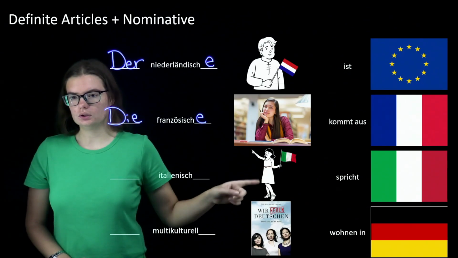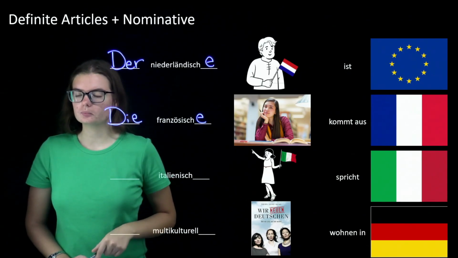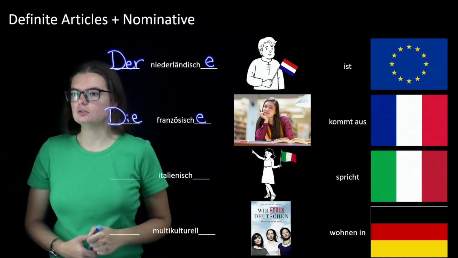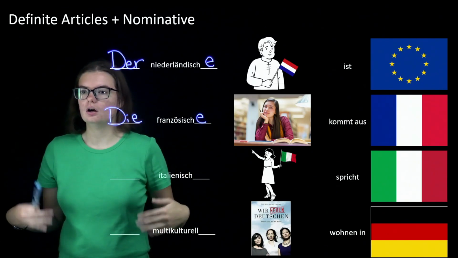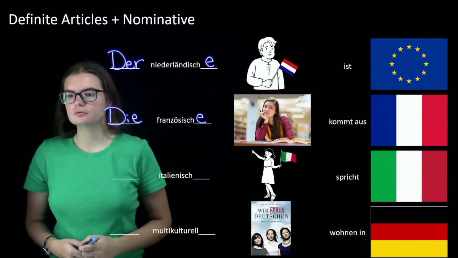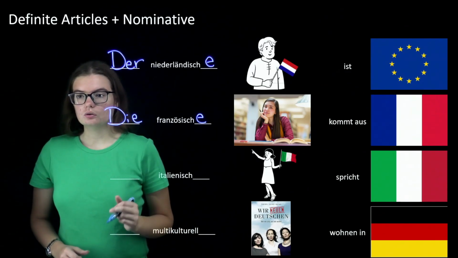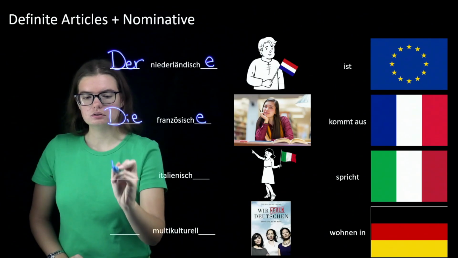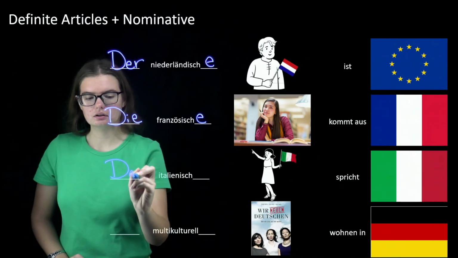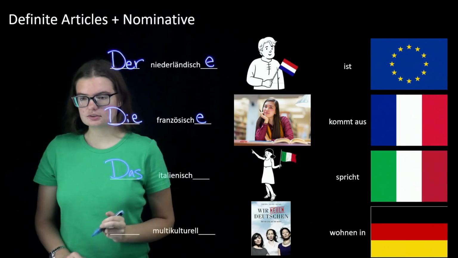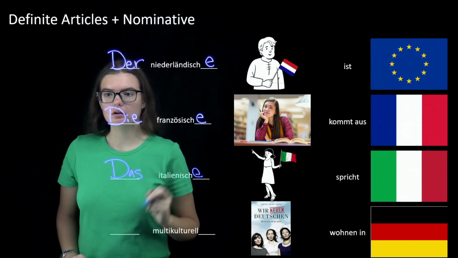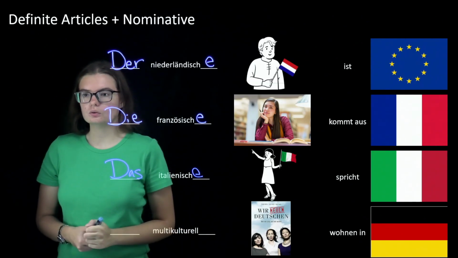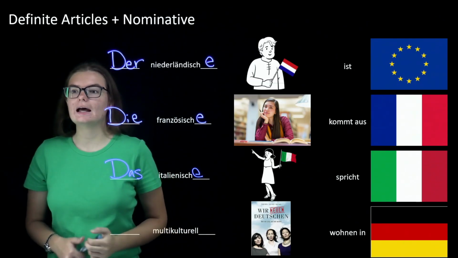We're not really talking about her gender. So it doesn't matter that it doesn't match the gender of the child herself. So Neutrum is going to be das. Das italienische Mädchen oder Kind spricht Italienisch.